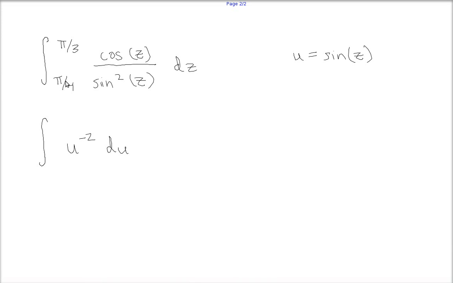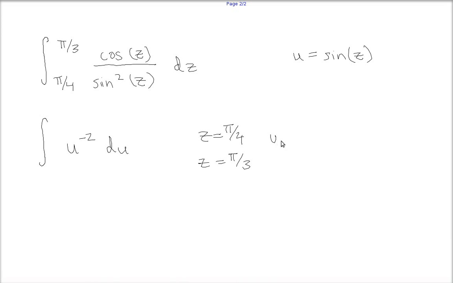Now we need to look at our limits of integration, because those are going to change when we switch from z to u. So we had, for our lower limit, z was pi over 4, and the upper limit, z is pi over 3.